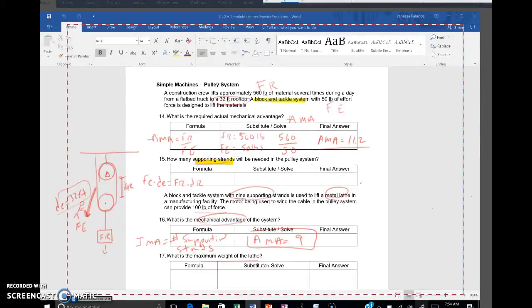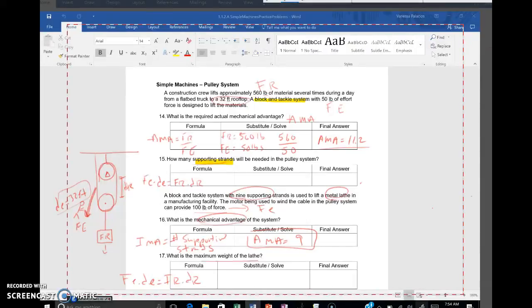Now it says the maximum weight of the lathe. So now we want to use our equilibrium equation, FR times DR. And it says the maximum weight. So what we're solving for, right? It says the pulley system can provide 100 pounds of force, so that's going to be our FE.